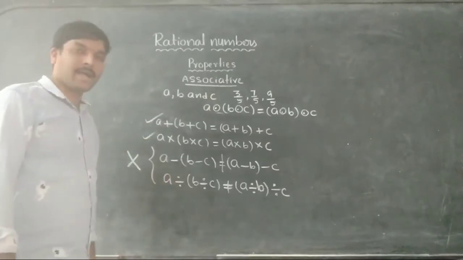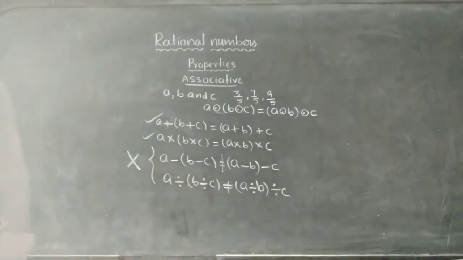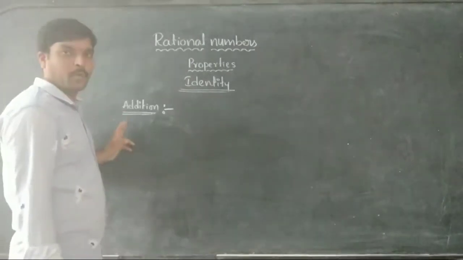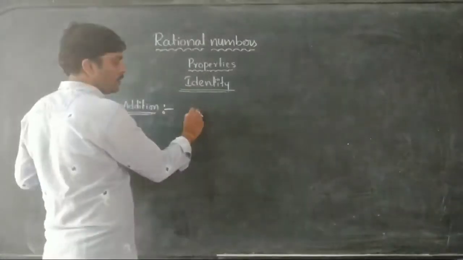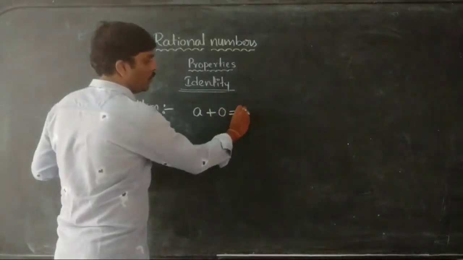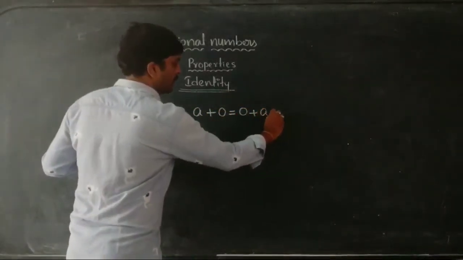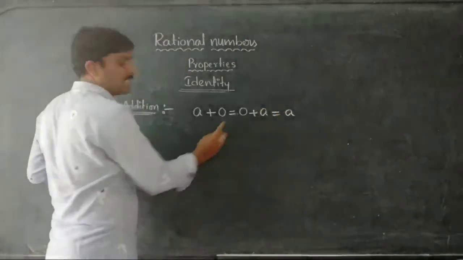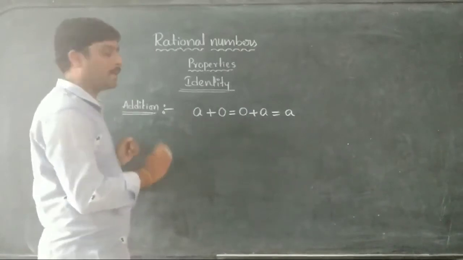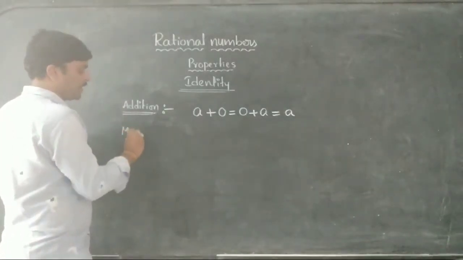Next, identity property. Identity property under addition: suppose a is a rational number, a plus 0 is equal to 0 plus a is equal to a. 0 is the additive identity element. Okay, next, multiplication.